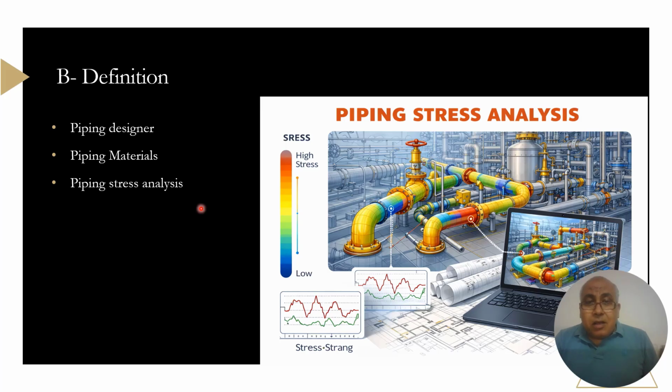Piping designer, piping material, piping stress. For some engineering firms, we have an engineering team responsible for piping design. Most of them work with PDMS, Plant Design Management System, or PDS, Plant Design System, and so on. It is like the model software, as if you are working on a residential building with BIM. PDMS was first used in oil and gas before BIM and Revit, but the same concept.